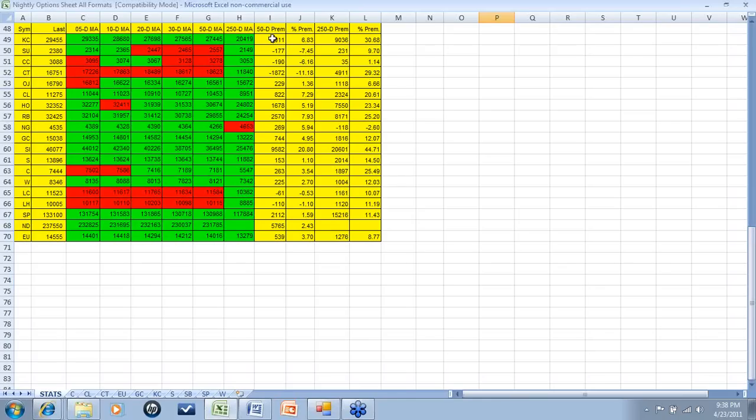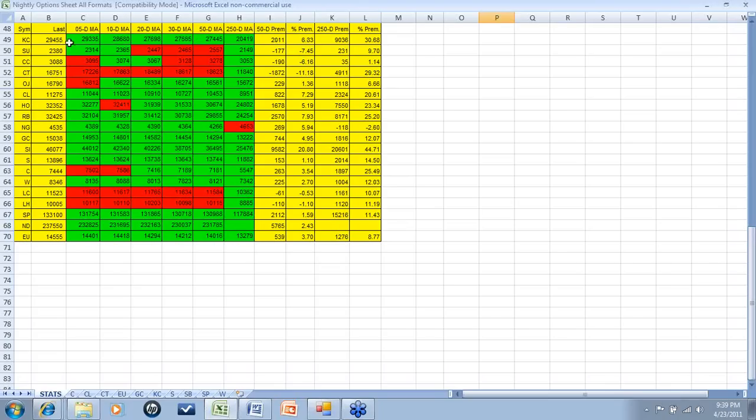Then after that, it compares the current price to the 50-day moving average and the percentage versus the 50-day moving average. For example, the current price in coffee is a 6.83% premium to the 50-day moving average.